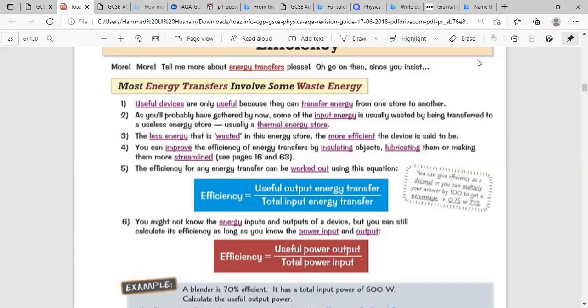So what we would do is, we know 70% is something divided by 600. You keep this formula in your mind and then solve this.